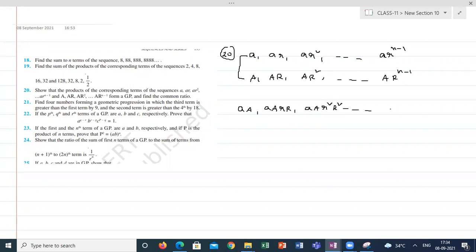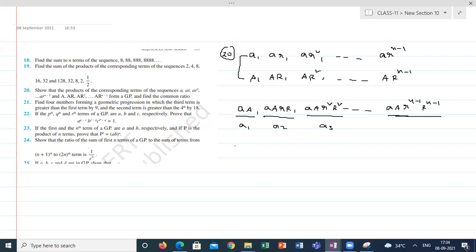And so on. A, capital A, R power n minus 1, R power minus 1. He is asking whether this third series is also in GP. This is my first term of the third series, second term of the third series, third term of the third series.